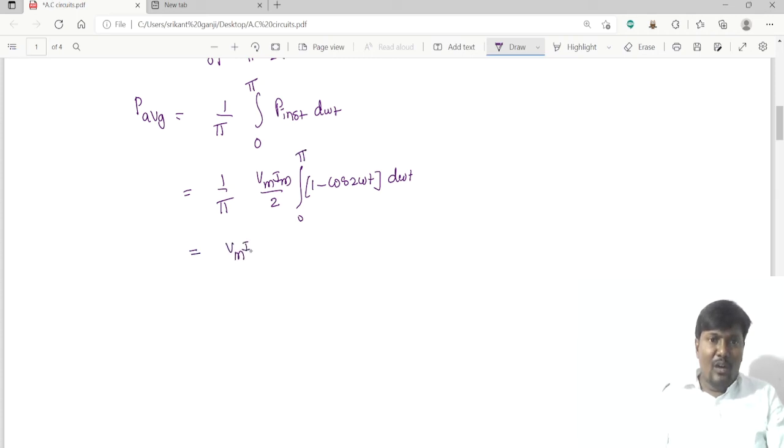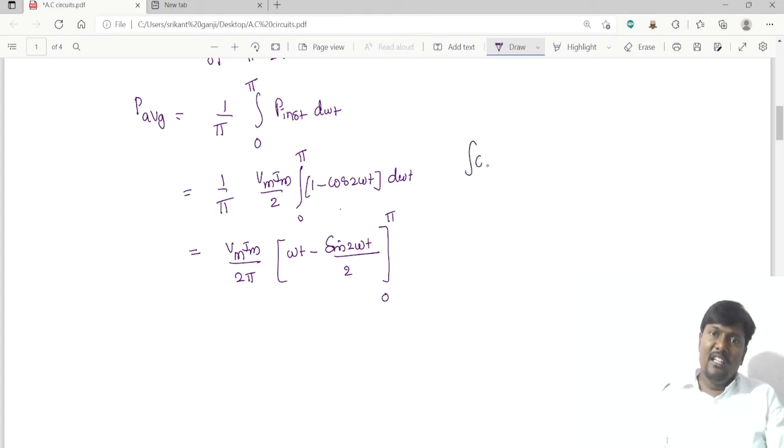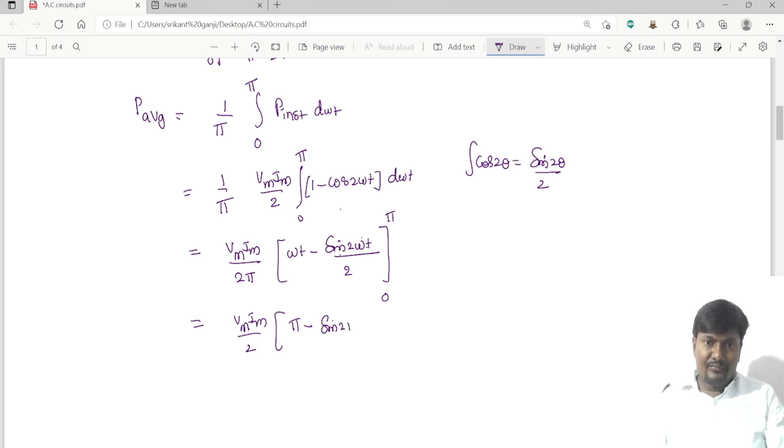So Vm into Im divided by 2 pi. The integration of 1 is omega t. The integration of cos 2 omega t is sin 2 omega t divided by 2. The lower limit is 0 and the upper limit is pi. If you substitute the upper limit, pi minus sin 2 pi, and the lower limit, minus 0 plus sin 0.